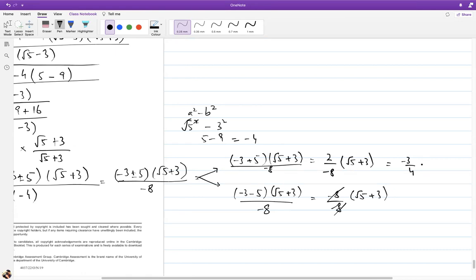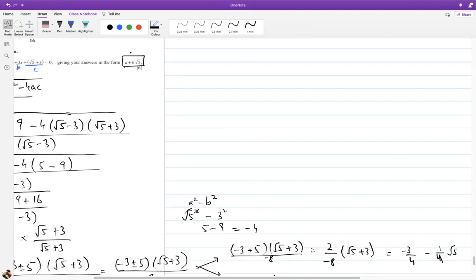So minus 3 by 4 plus minus 1 by 4 square root 5. And this one is just square root 5 plus 3. So does it match the answer in the question?